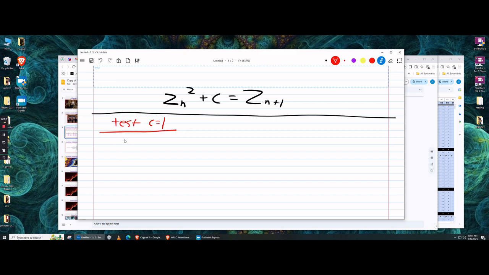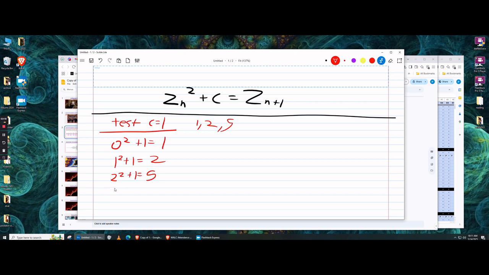If you try c equals 1, we always start with 0, so we'll start with 0. This time we made c 1, so 0 squared plus 1. What's that? So that is 1. So our list here is 1. Then we take the 1 and plug that in. 1 squared plus 1 is 2. So our next number is 2. Then we take that and plug that in. 2 squared plus 1 equals 5. Next number is 5.